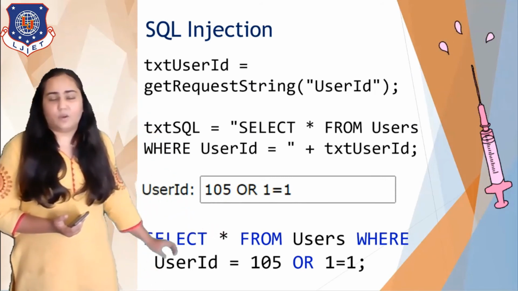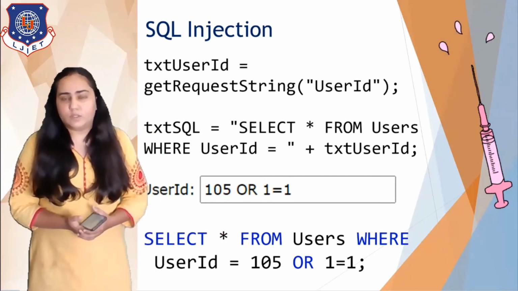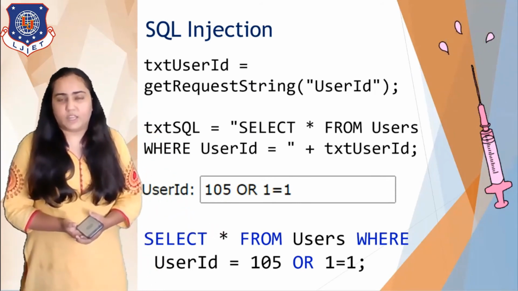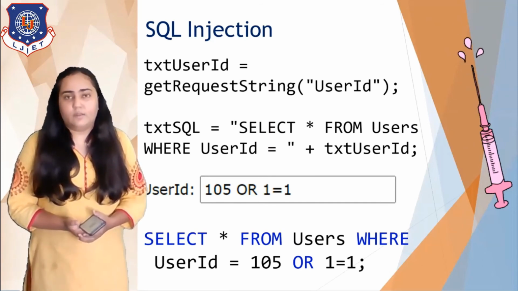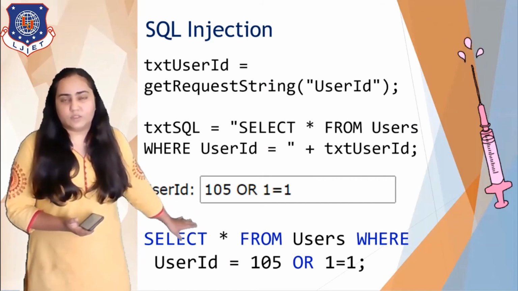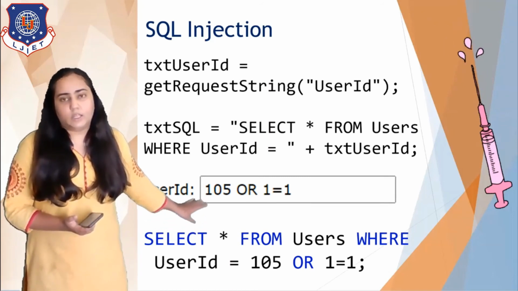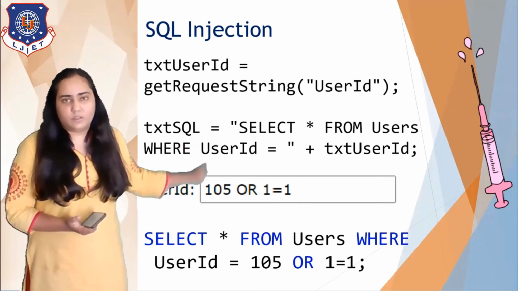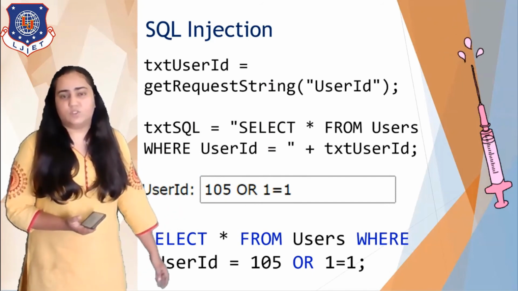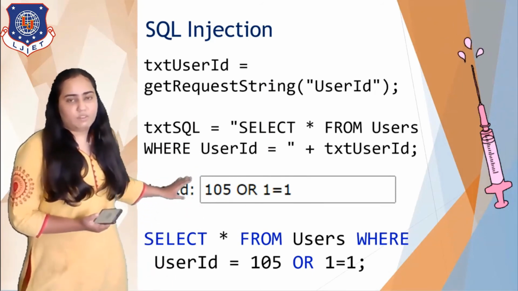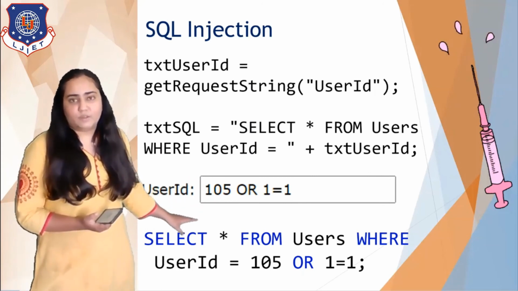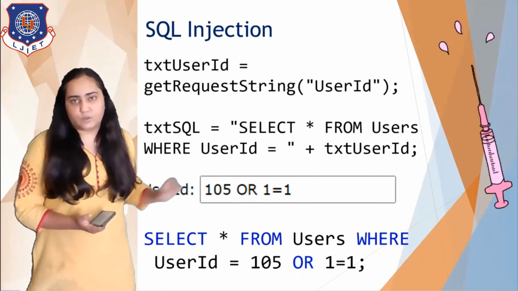So when I'm saying OR 1 equal to 1, 1 equal to 1 is always true. So whenever I enter this type of a condition that says 1 equal to 1, then this query will always result in giving me all the rows, because 1 equal to 1 is true. It doesn't matter what row it is. So when we write it like this, then this query will produce all the rows of the users table.